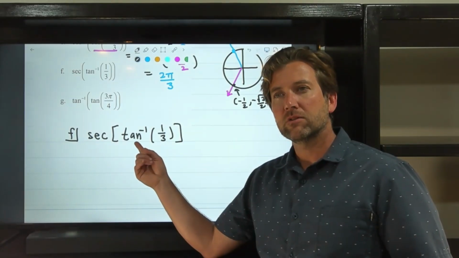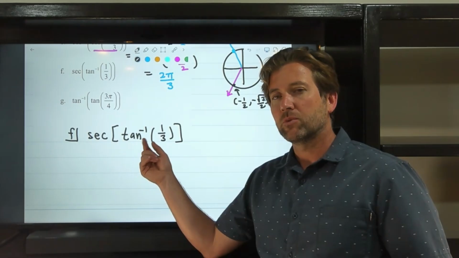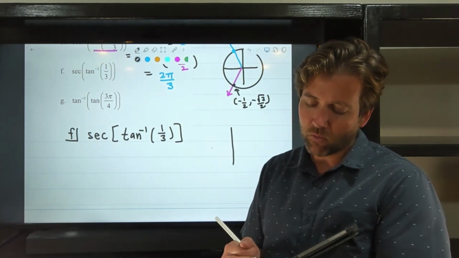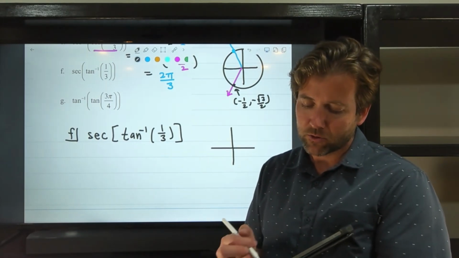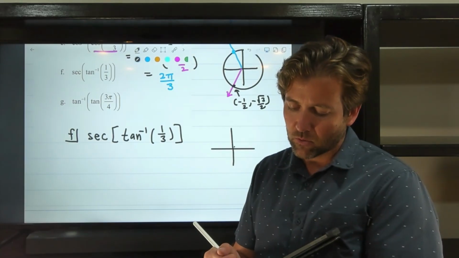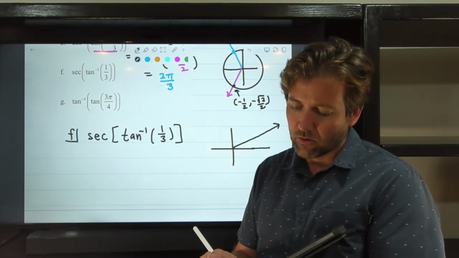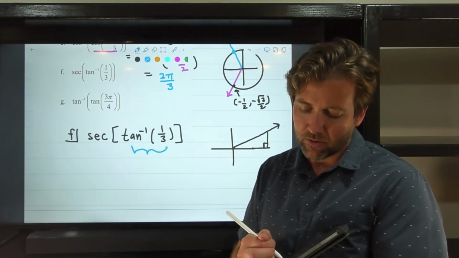Now, arc tangent of 1/3. Arc tangent has to output an angle between negative pi over 2 and positive pi over 2. So because that's a 1/3, a positive slope, the angle will be in the first quadrant. Rising 1, running 3. I'm going to draw a right triangle here and call this angle theta.